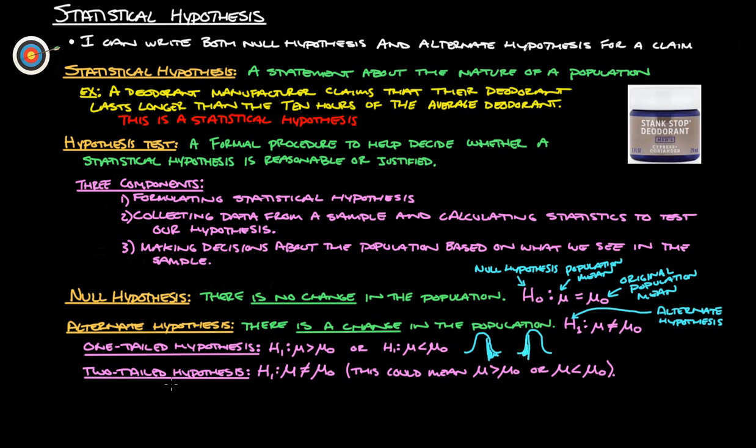Then there's also a thing called a two-tailed hypothesis, which means the mean could be greater or less than the original population mean. It could be one side or the other, so you check both. It's called one-tailed because there's only one side you're checking, or two-tailed because you're checking two sides.